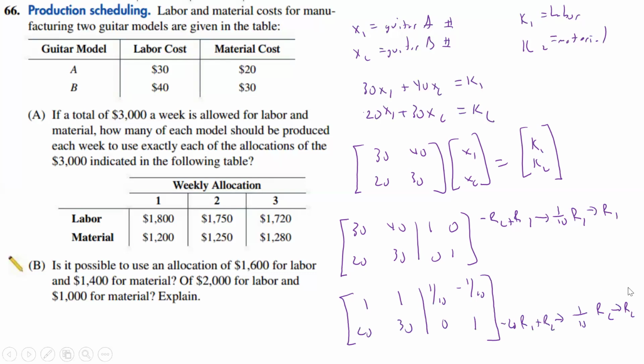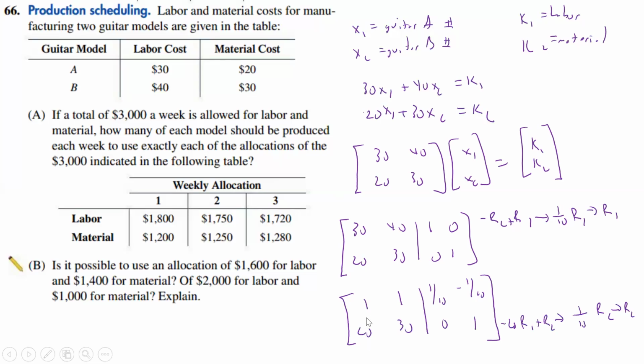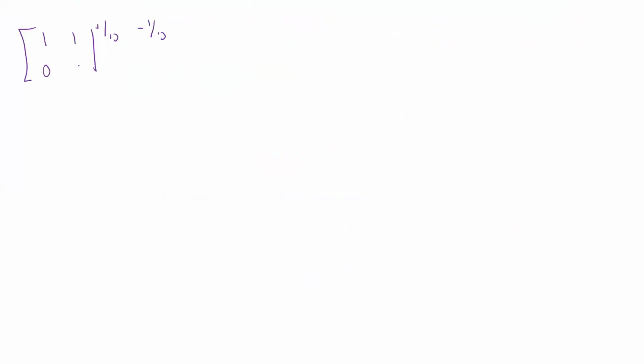Now, if I can write this on the next page and not mess up everything, that'll be ideal. All right, so then my first row was still 1, 1, 1/10, minus 1/10. Then I had a 0. Then minus 20 plus 20 is 0. And that's going to be a 10 divided by 10, which is a 1.